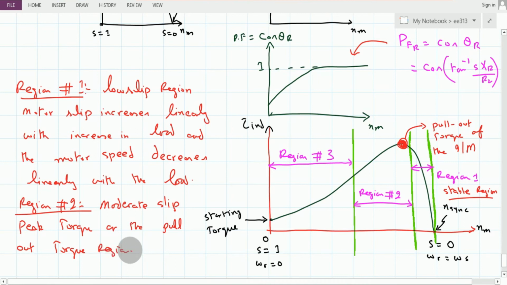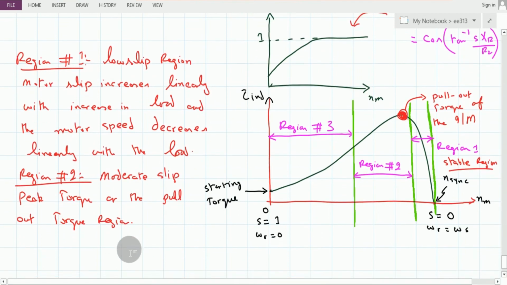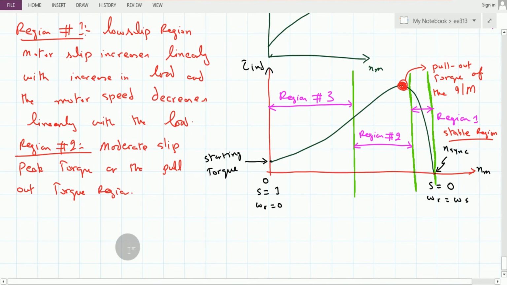So the motor current or the rotor current no longer increases rapidly, and in this particular region the power factor of the rotor actually drops, right? The third region, region number 3, is a region where we have high slip.